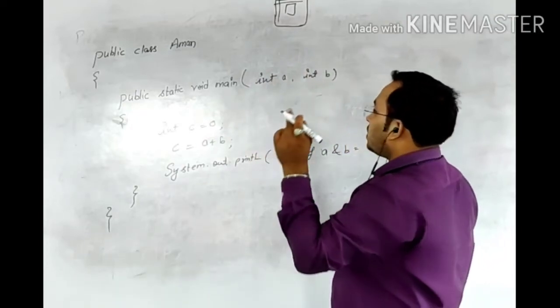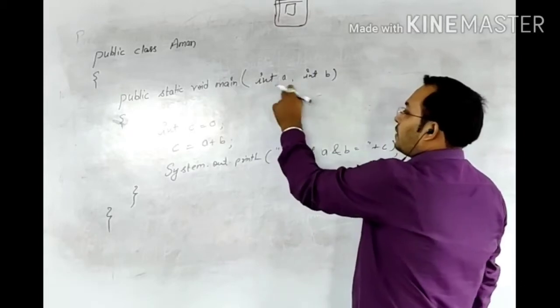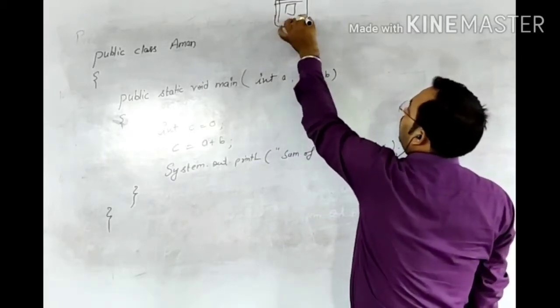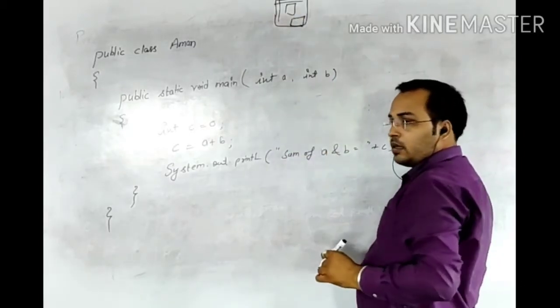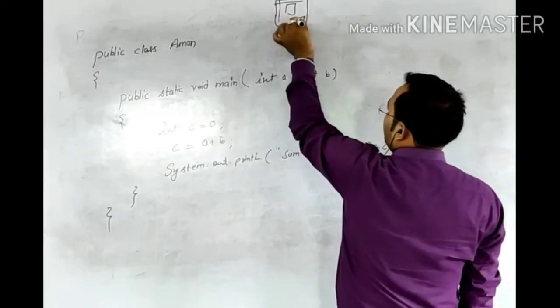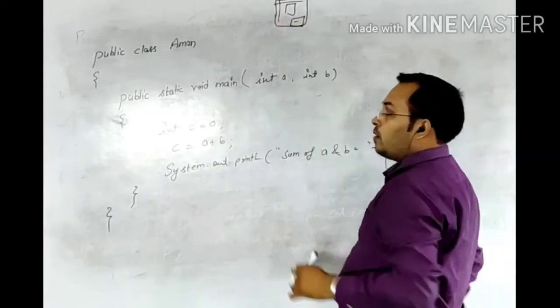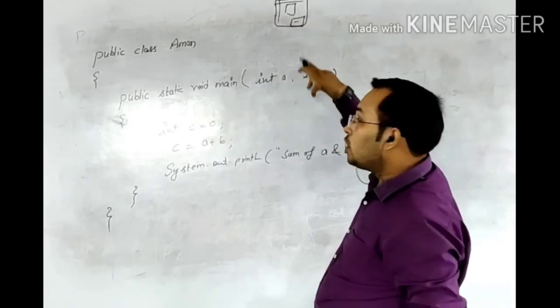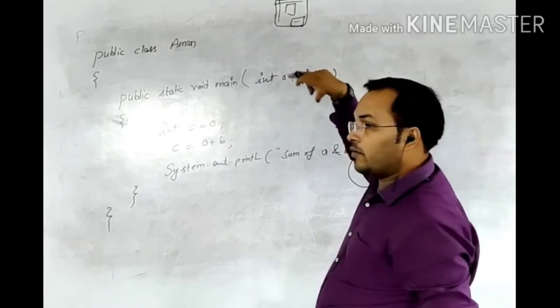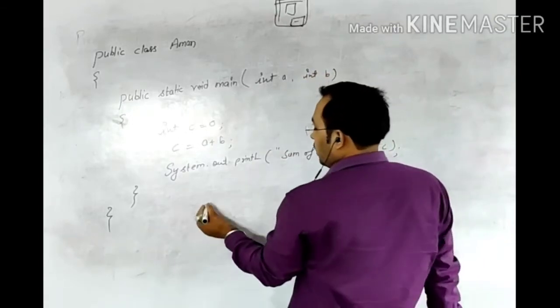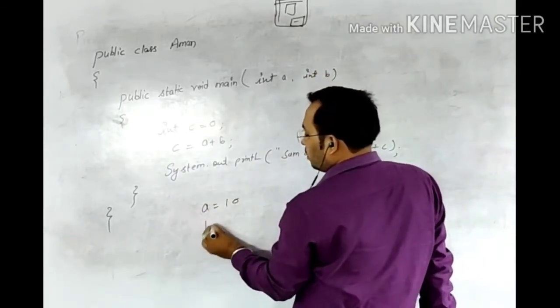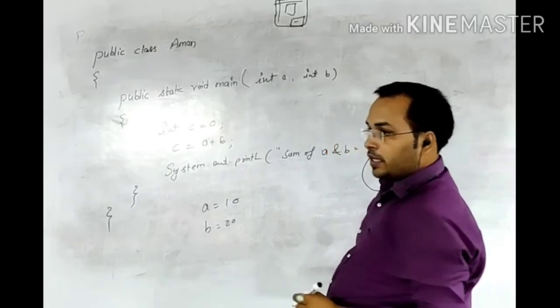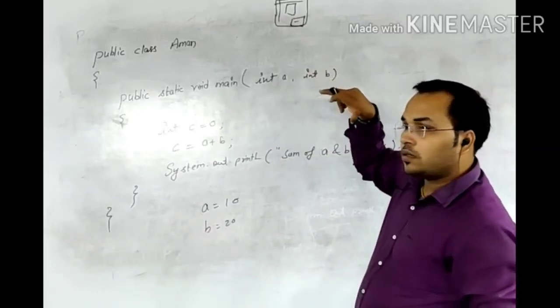Click on that void main, and you will get a small box in which it will ask you the value of a and the value of b. There you have to give whatever values you want. Suppose I have given a equals to 10, b equals to 20. Then just click on the OK button.